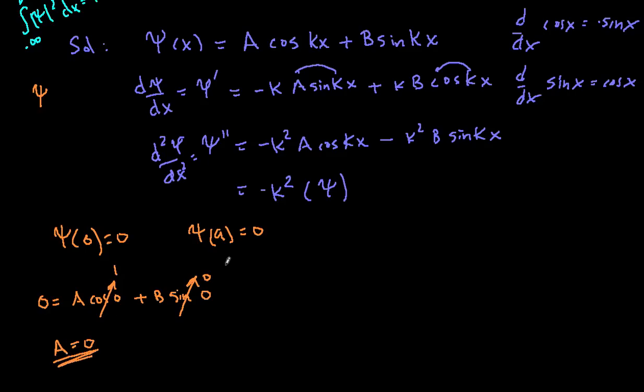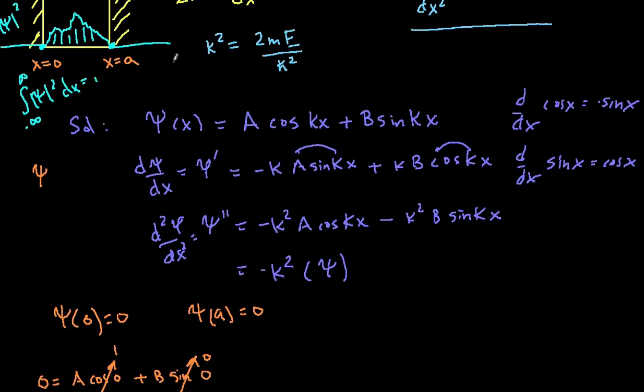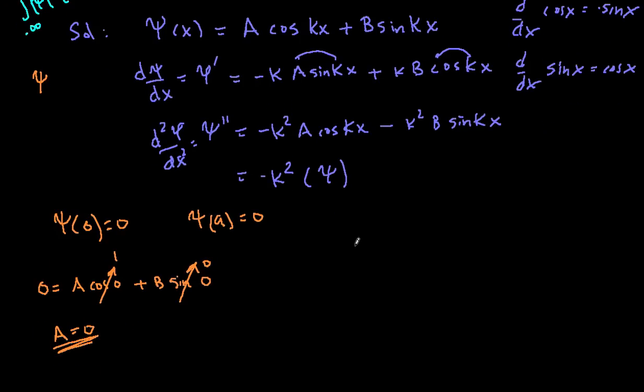Okay? So the way we've set up this problem, we only have to worry about the sine values. Okay? So let's look at the other boundary condition. So psi of a is equal to, we already know that A is 0, so we don't have to worry about that, cosine of ka plus B sine of ka.